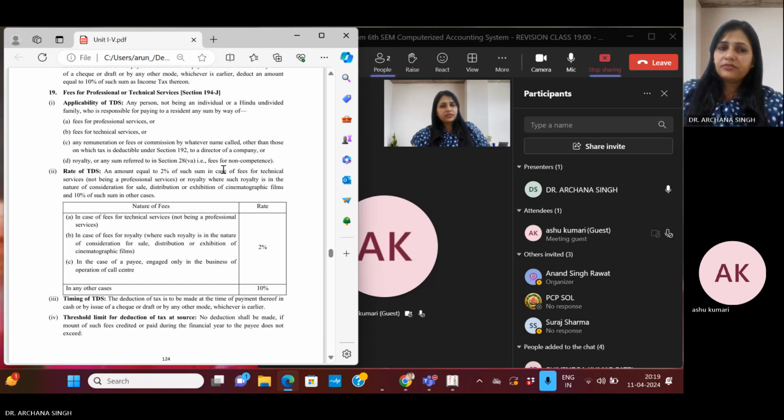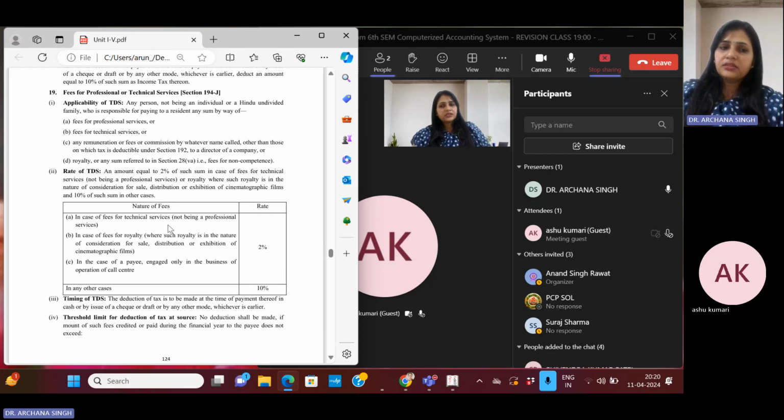तो वहां पे टीडीएस लगेगा and जो rate होगा, it is then amount equal to 2% of such sum in case of fees for technical services not being a professional service, or royalty where such royalty is in the nature of consideration for sale, distribution or exhibition of cinematographic films, and 10% of such sum in other cases.